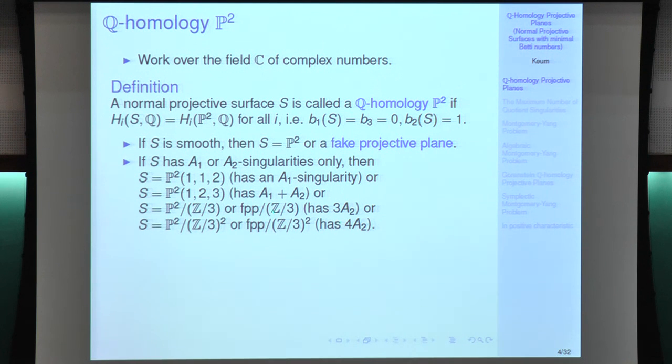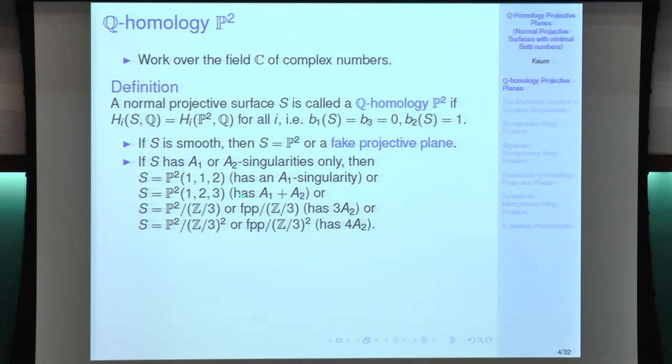And also this is a surface of general type, having K squared equal to 3. And in this case, also a surface of general type, having K squared equal to 1. So actually one can show that in this case, S cannot be of general type. And also in this case, S cannot be of general type.